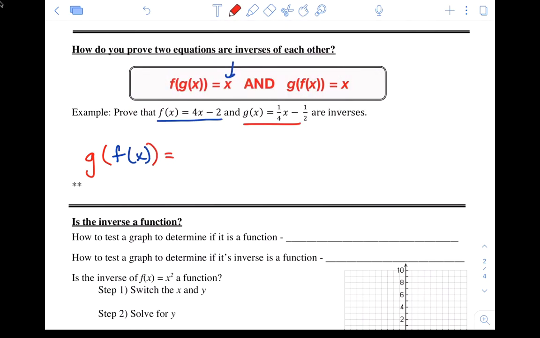So we take the g function, which is 1/4 x minus 1/2. Since f of x is what's inside g, then we're going to take 4x minus 2 and plug it inside every x we see in the g function. So this is going to be 1/4 times 4x minus 2.